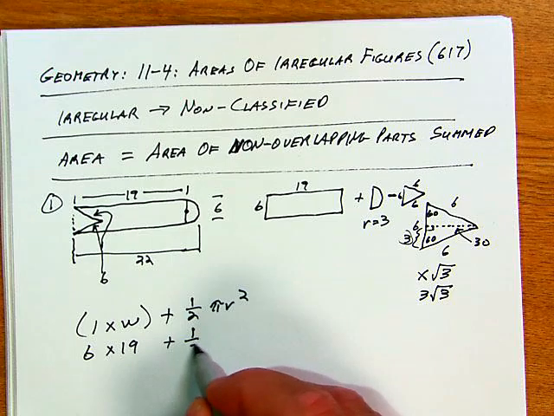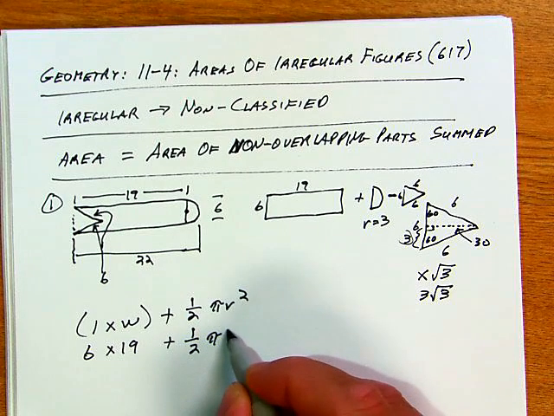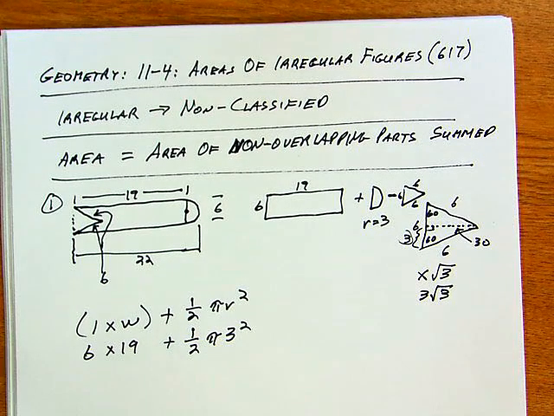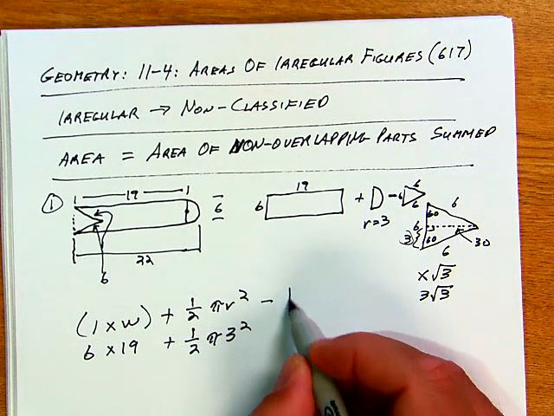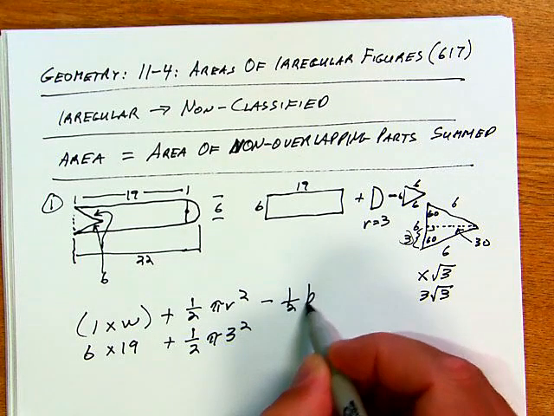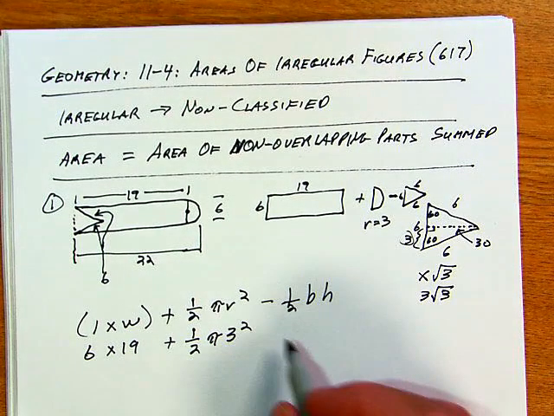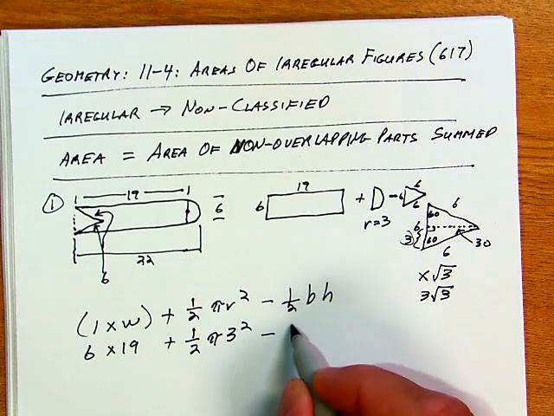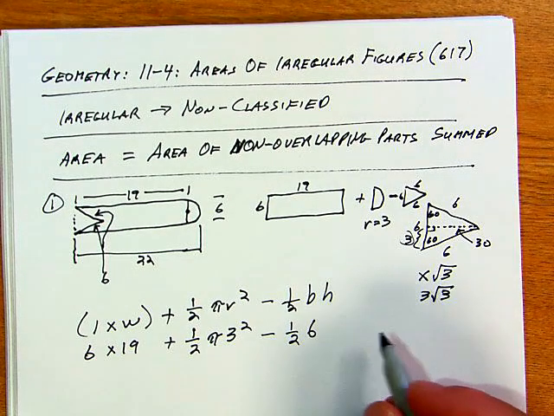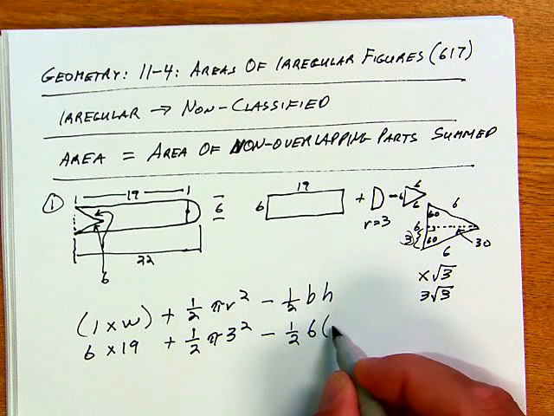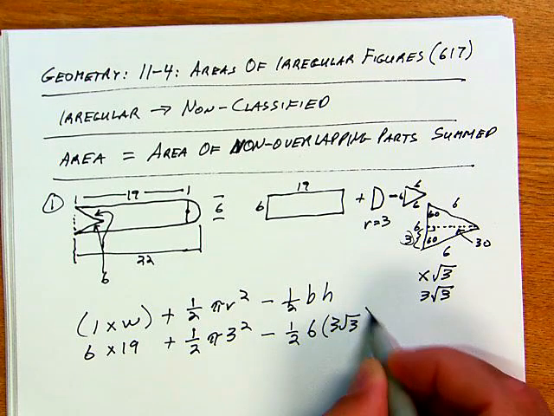So we're going to say 1/2 times pi times 3 squared. And then we're going to subtract the area of the triangle, which is 1/2 base times height. And we know that the base is 6, all the sides are 6, and the height is 3 times the square root of 3.